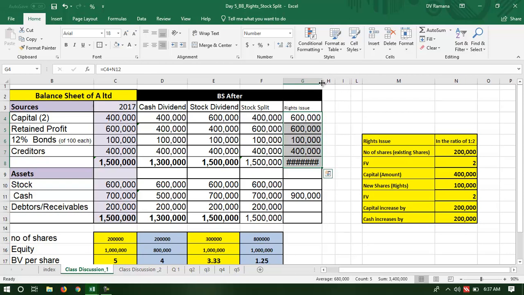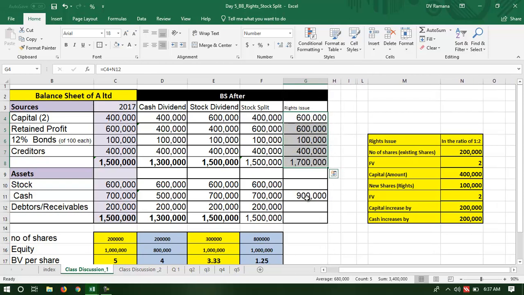What about the asset side? On the asset side also, the only change is the cash, no change in the inventory, and no change in the receivable. So the change in the balance sheet is only the change in cash and change in the capital.